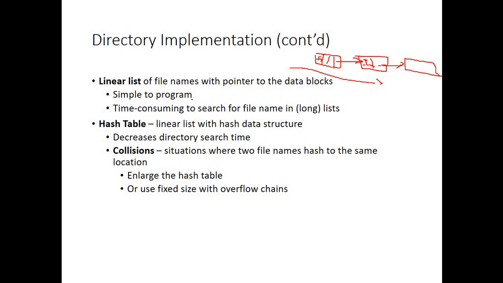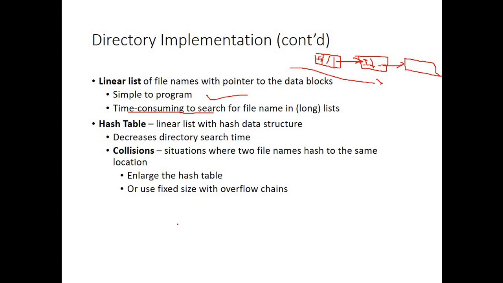It is simple to implement, but it is time consuming to search for a specific file. For example, if this directory structure contains some 100 files, then it will have a linked list of 100 nodes.